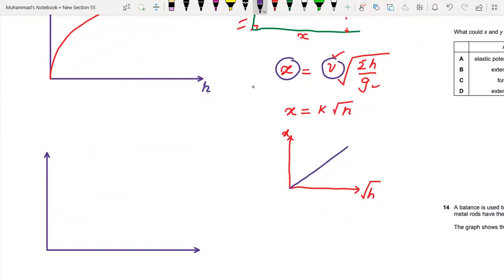Then the graph of x versus v, sorry, will be a straight line. So the graph of x versus v will be a straight line passing through the origin if h is constant. Okay. So this is another important situation where you have this type of relationship.